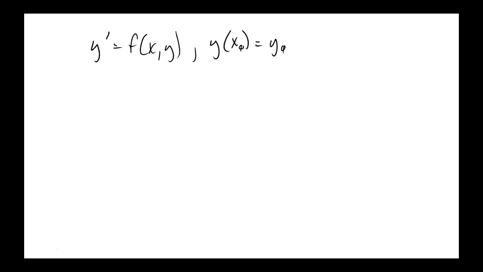So, the linearization of this unknown solution, y of x, we don't know what y of x is, but at x equals x0, that linearization, L of x, is equal to, now, remember how we got what we did?